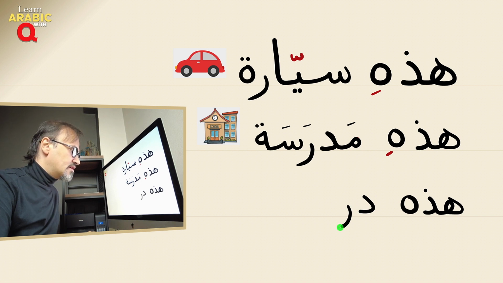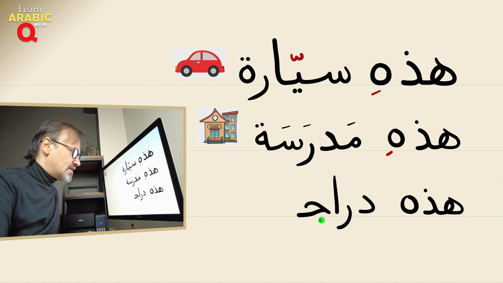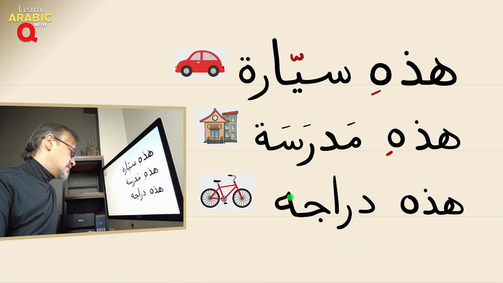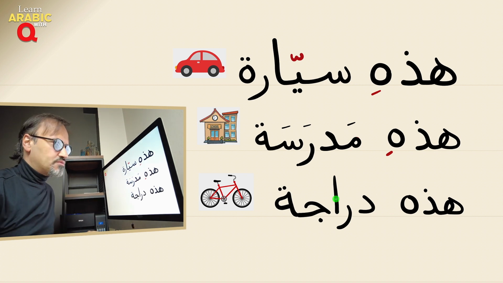This is the j. Now remember, you hear that sound at the end? Again, that's a connected t, the one that looks like, I don't know, a dog's face. Okay. هذه دراجة. Let's read these 3 sentences together.